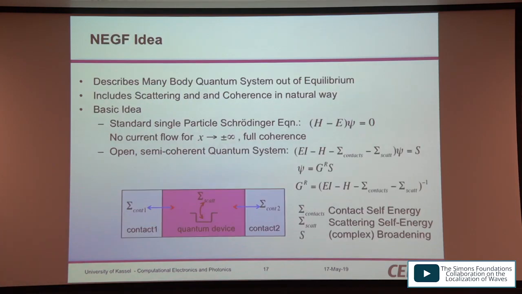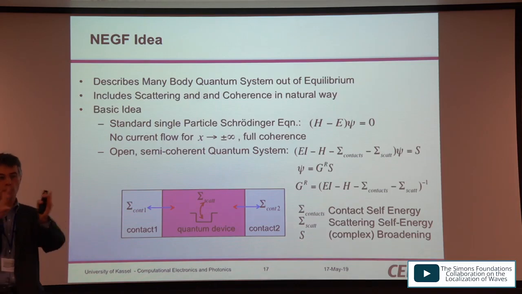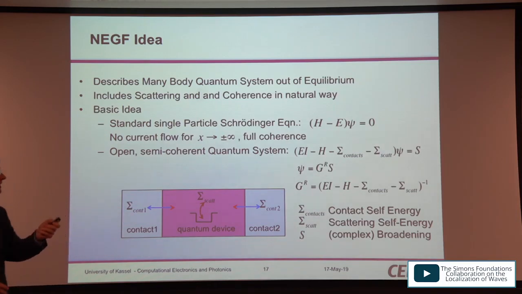So what's the basic idea? If you look at a Schrodinger equation, then it's an eigenvalue equation, and there's no current flow for infinity, so you have full coherence. You have closed boundaries, or you can also take periodic boundaries, but in any case, you have a closed system. Now, this does not include any transport and loss of coherence.